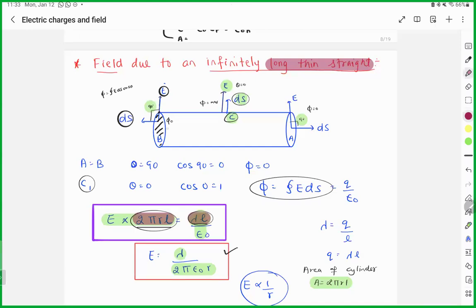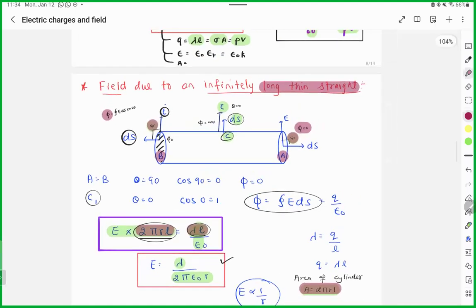Second thing, in case of this B point and A point, because the angle is 90 degrees with the area vector, your electric flux will be 0. This is what I taught. And you already know the area of the cylinder is 2 pi RL. Understood?